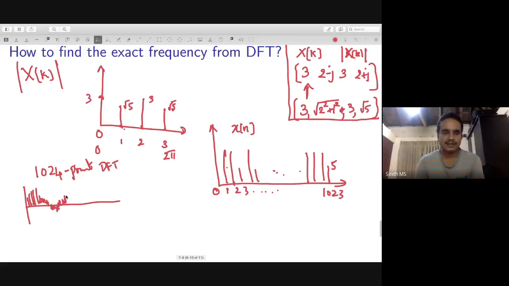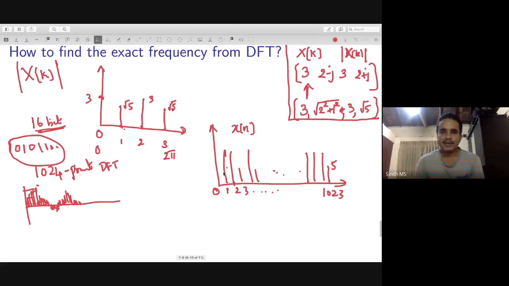Each of the samples can be converted to digital format, depending on the number of bits you use. Suppose you have a 16-bit representation. In that case, each sample is represented by 16 bits.